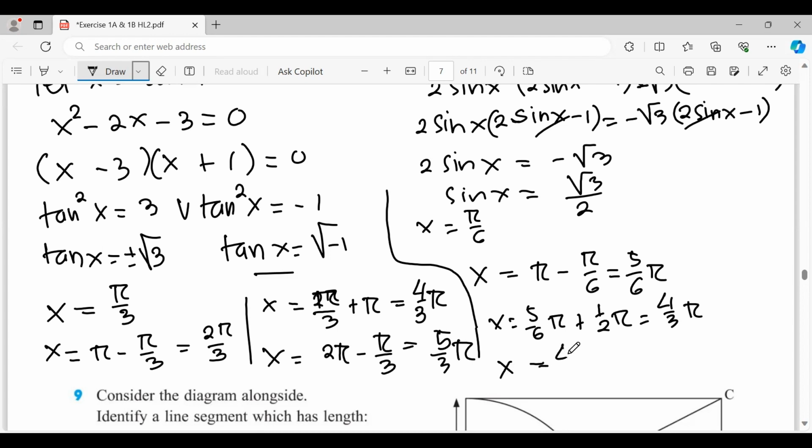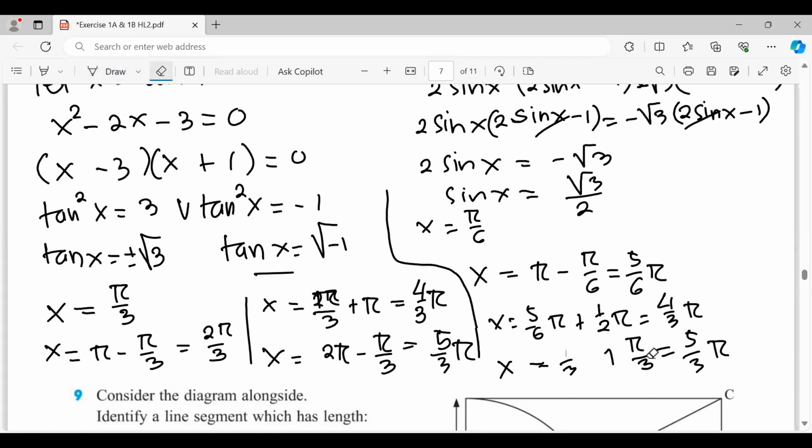And then 4 third plus 1 quadrant 4, it means pi third, 5 third pi. Or 2 pi minus 4 over 6, 4 over 3.